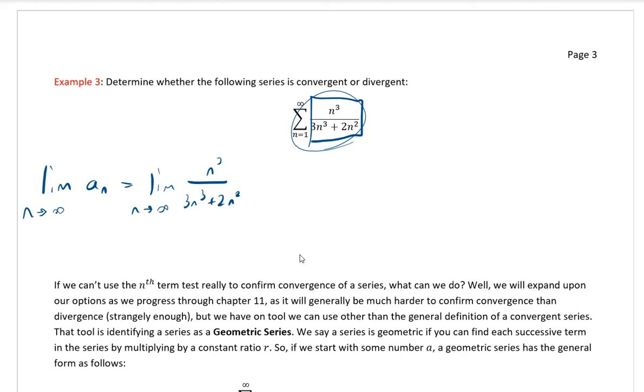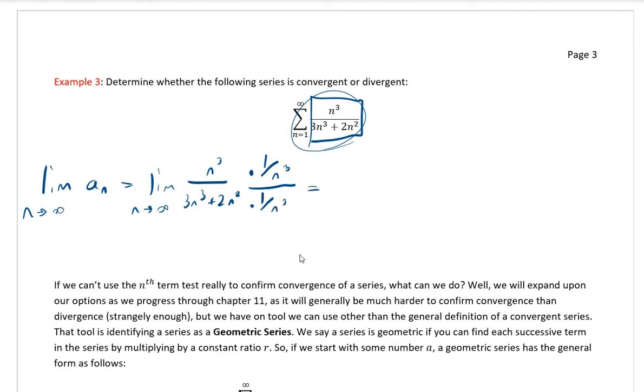Well, I can either do L'Hopital's if I want to, because it's not exactly conclusive, since if I go to infinity, the top's going to infinity and the bottom's going to infinity. Or a smarter thing I can do, because I see all of them have a power of n, is multiply the top by 1 over n cubed, and I can do the same thing to the bottom as well.